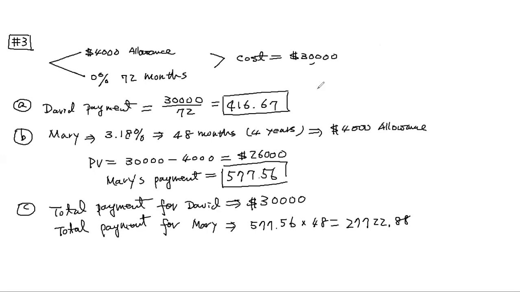So you will see overall Mary pays less. So Mary's deal is better because the total payment Mary pays is less.